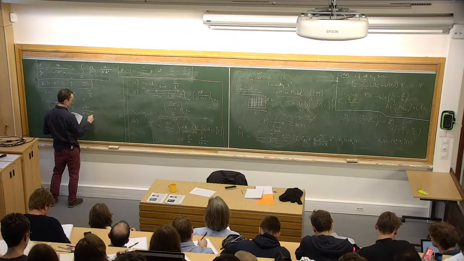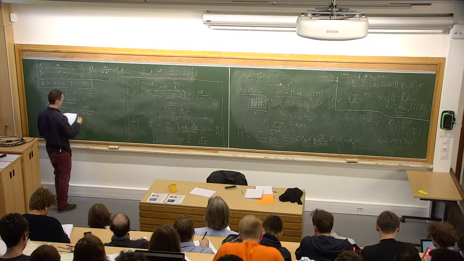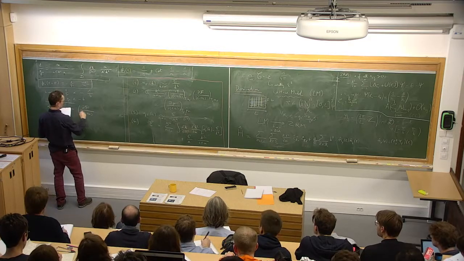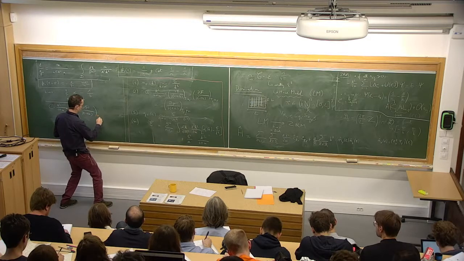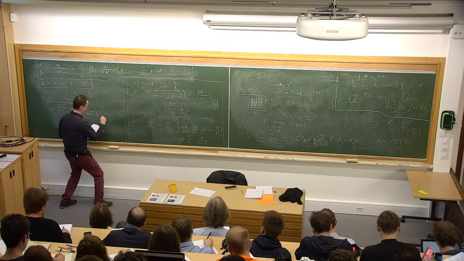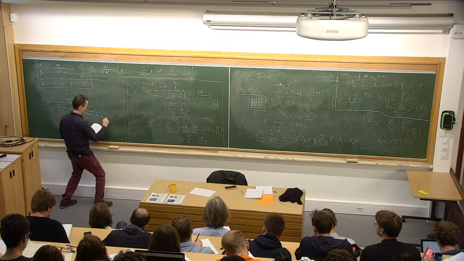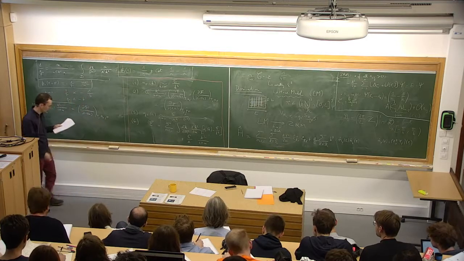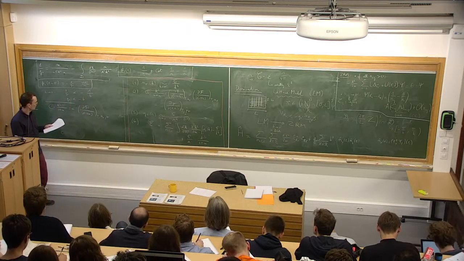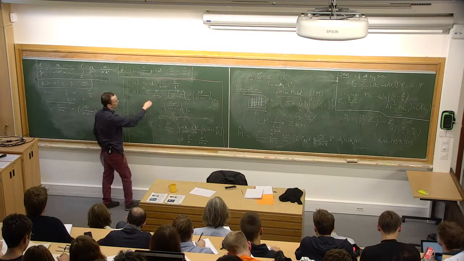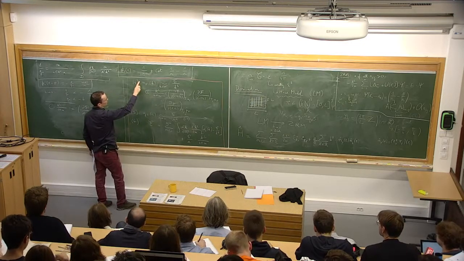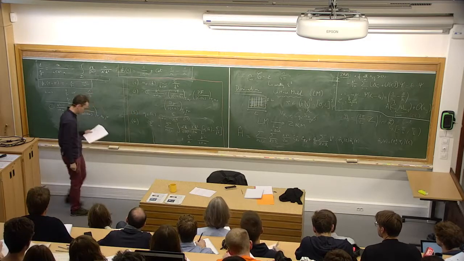I will work in the canonical ensemble, but it doesn't matter, of course. So at constant temperature, constant number of spin up and spin down, and constant volume. So I'm at a finite volume so far. Now I take this as a definition, and I would like to derive this, and this.